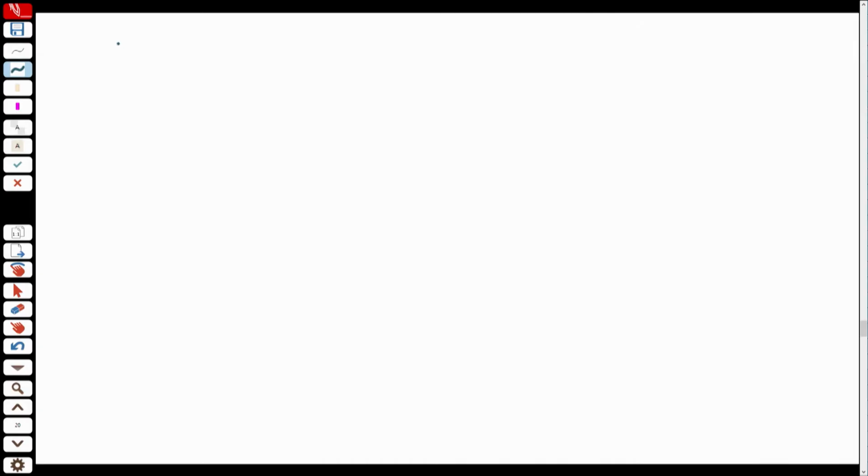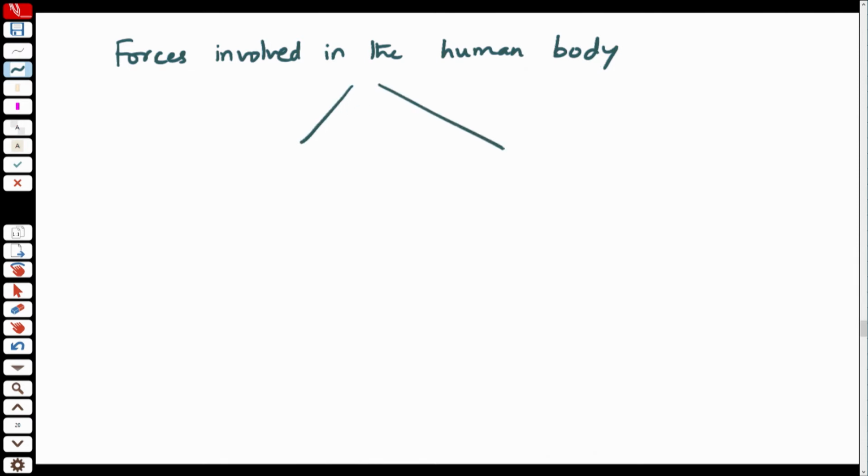So, if you look at this in the human body, you have internal forces and you have external forces.